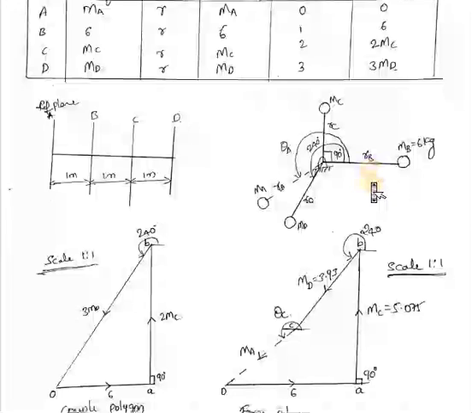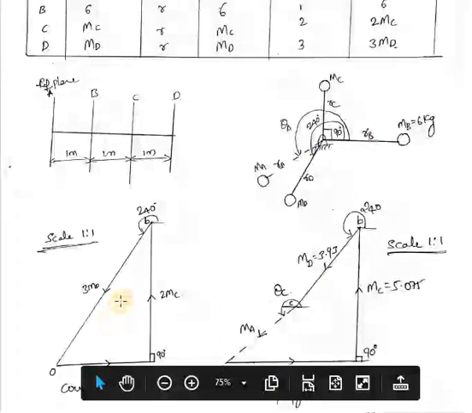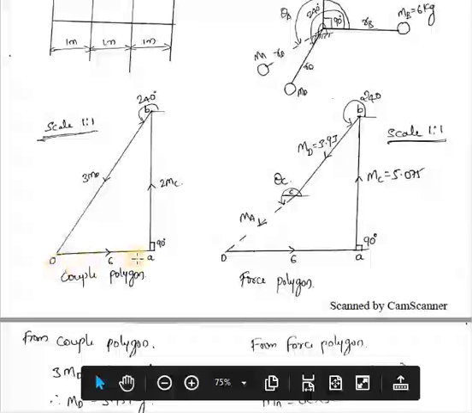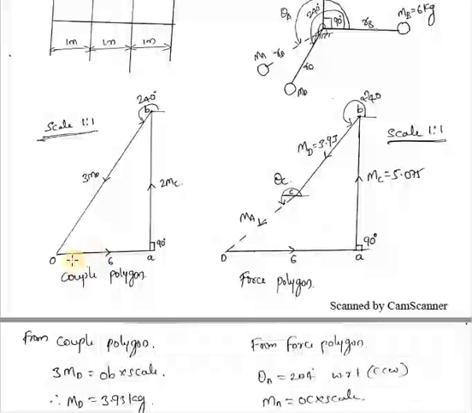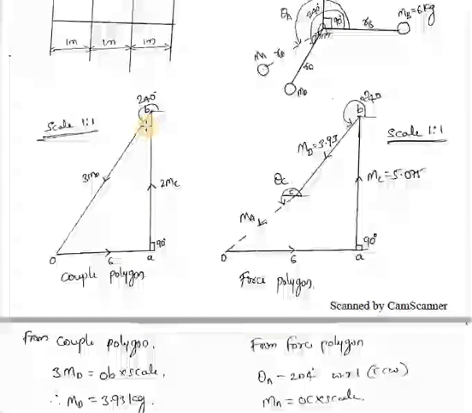So for the couple polygon, first the length is 6 in magnitude. Here I have taken the scale as 1:1. O to A, length should be 6 in magnitude. Then for C and D he has given the angles as 90 degrees and 240 degrees. We will make use of that angle to complete the couple, because both the values are unknown here. So from A, draw a perpendicular line.